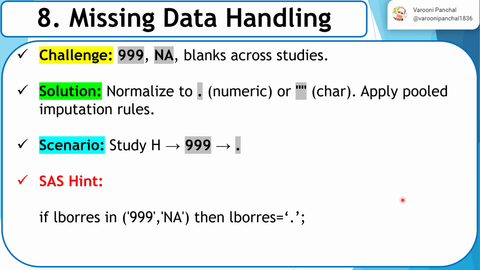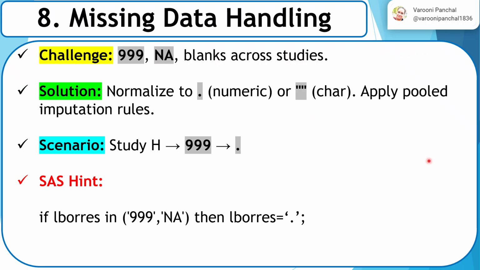You can understand this is specific to one lab test or one record. There could be so many variables, values and records presented as missing data, this 999 and NA. Now you have to replace it to missing and character in your ISS and ISE study.